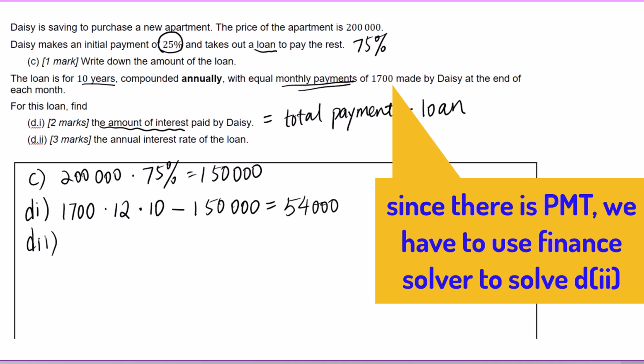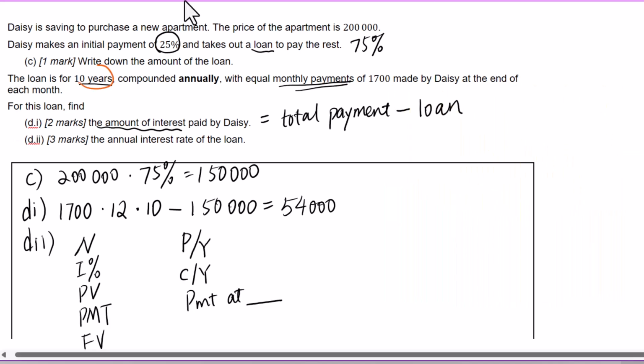For D2, find the annual interest rate of the loan. Let's write down all the variables. For 10 years, N equals 10. Monthly payment is 1,700. So PMT is negative 1,700. Your present value is the mortgage, $150,000. Compounded annually.